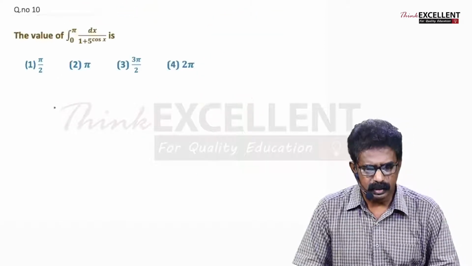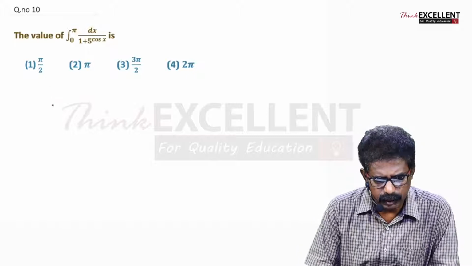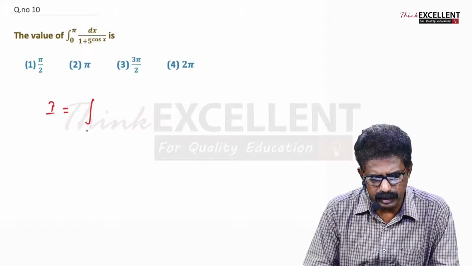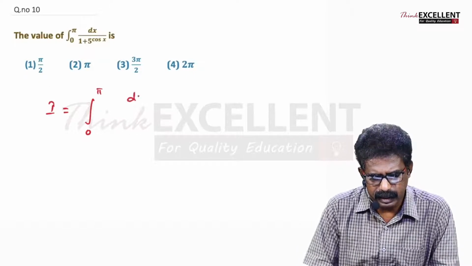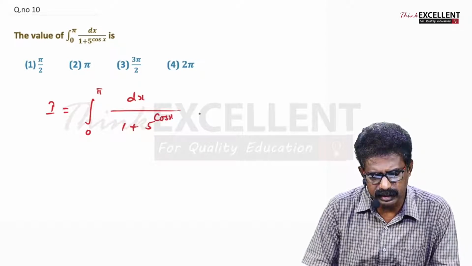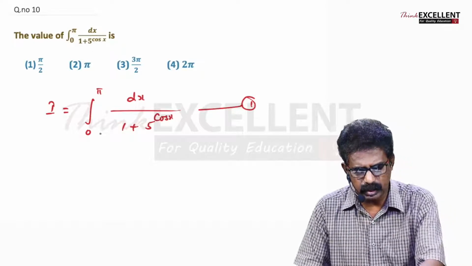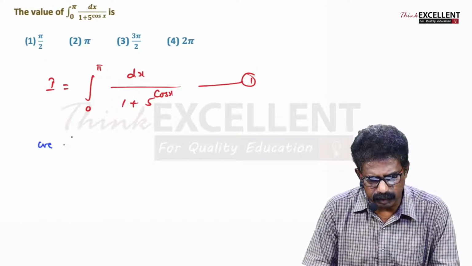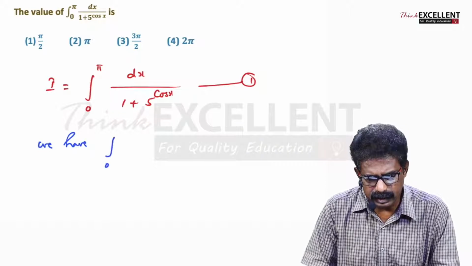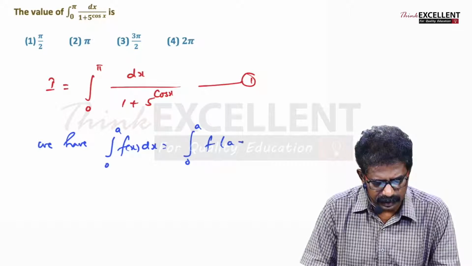Now let's move on to the 10th question. I am taking the question as I. Let I equal to integral 0 to pi dx by 1 plus 5 raised to cos x. Take it as equation number 1. Limit 0 to a. So we use the same property: integral 0 to a f of x dx is integral 0 to a f of (a minus x) dx.